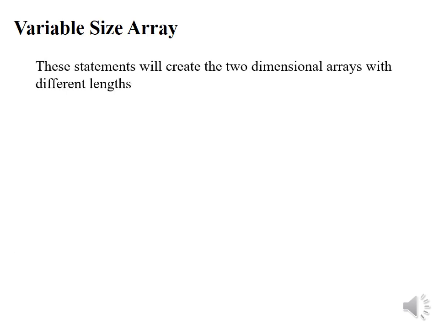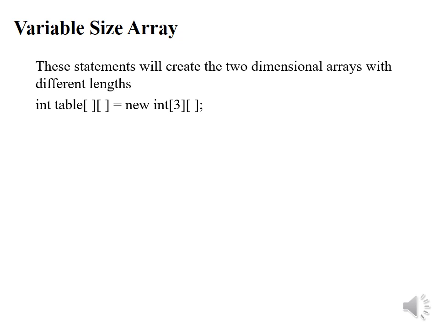Now, in a two-dimensional array, it is possible to create a variable size array also. So what do we mean by a variable size array and how is it created? These statements will create two-dimensional arrays having different lengths. Consider table as my two-dimensional array.